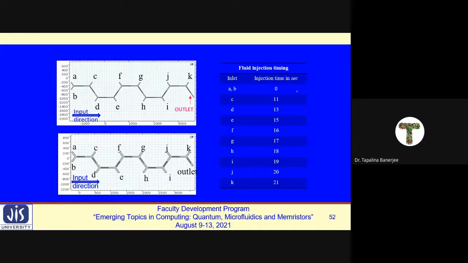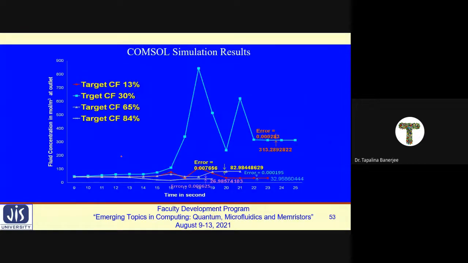Now, for this particular model, we have set the injection time at each inlet just like this. So these are predefined. We need not change them based on the target concentration factor. It is for all. Here we are showing only 4 results, where we can see that all the results have very little error.